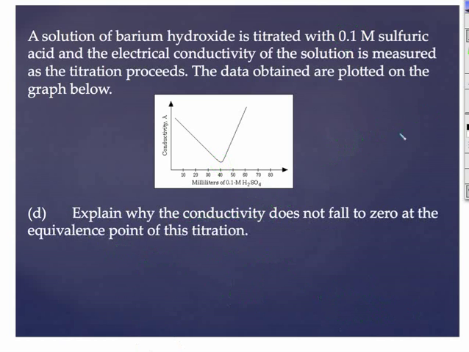Now, let's go on to the last one. I think quite difficult, but if you think about what you have in solution, it will help you. So right there, that's the equivalence point. If you look back to your answer in A, the only thing we have in solution at this point is barium sulfate plus water.